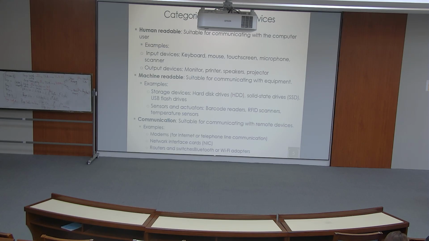The third category of external devices is communication devices, which are suitable for communicating with remote devices. These include, for example, modems that we use for internet or telephone line communication. We also have the network interface card, NIC, as well as routers and switches, Bluetooth, or Wi-Fi adapters.